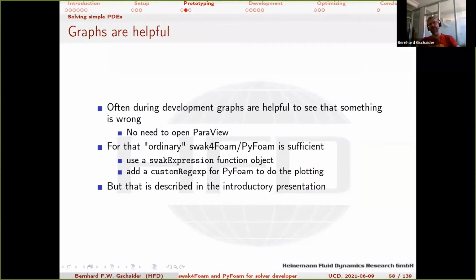One thing that can be very helpful during development that I didn't discuss is having regular graphs of the important properties or fields of your simulation.